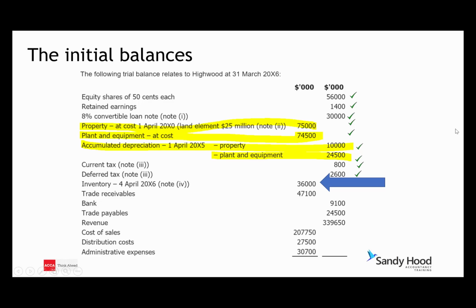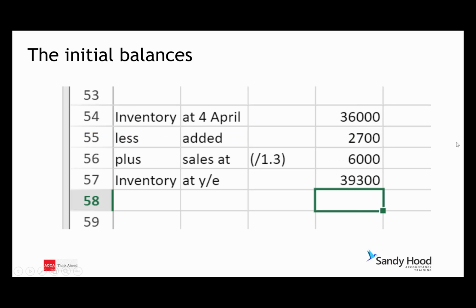It's an interesting complication. So the inventory is recorded as 36,000, and we need to add on the value of the sales that took place after the year end but before the inventory was taken, because obviously those items would have been part of inventory on the 31st of March.